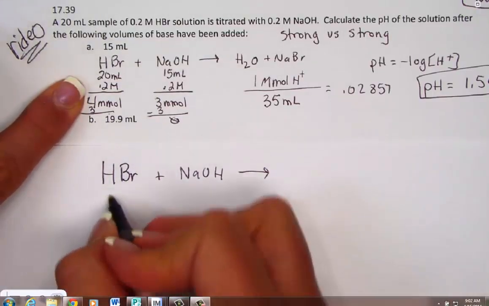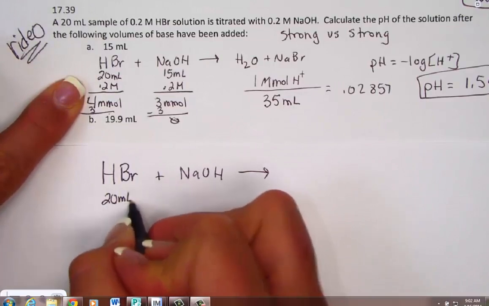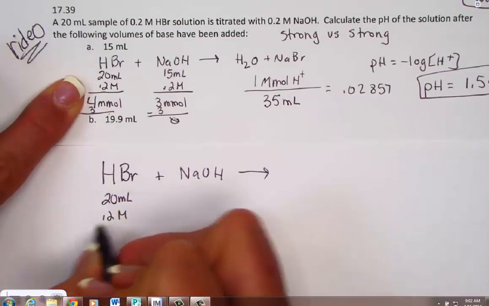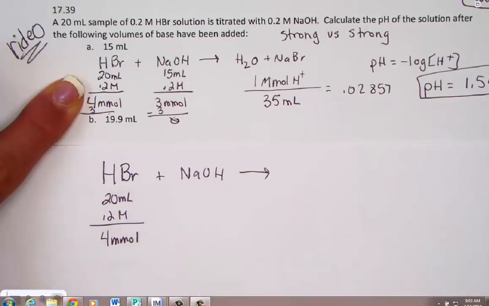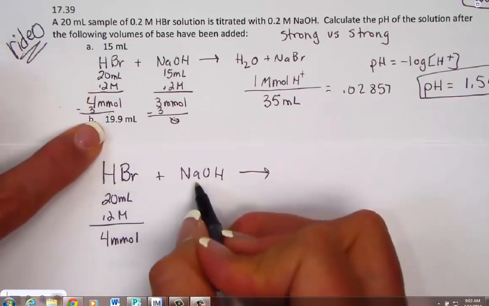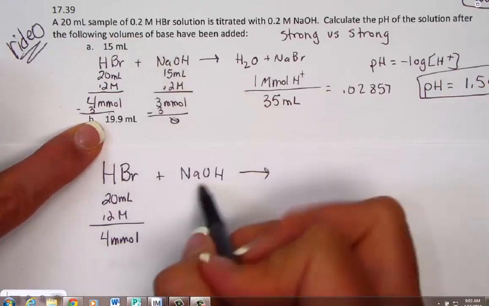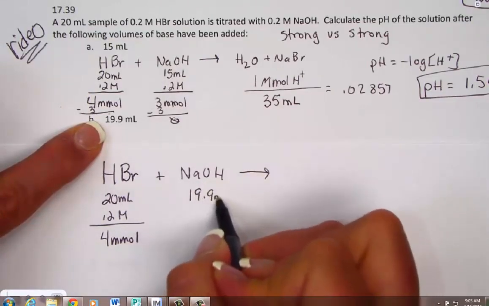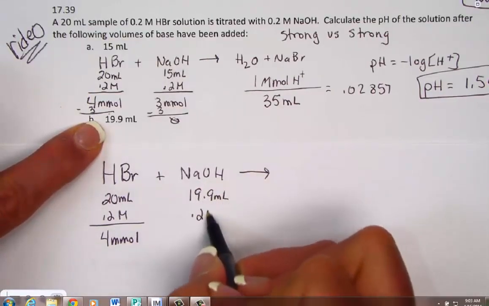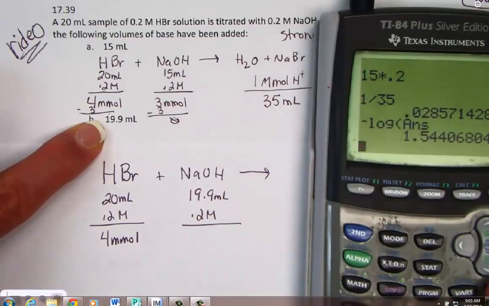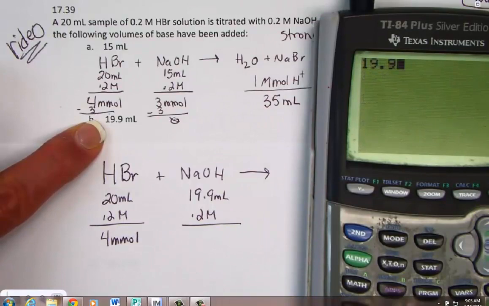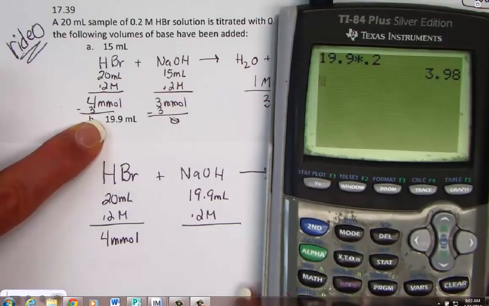Now I still have 20 mL of a 0.2 molar HBr, which still is 4 millimoles of our acid. But now I've gone from the 15 to 19.9 mL of the base, its concentration still 0.2 molar. How many millimoles of base have we added? Well, 19.9 times 0.2 gives me 3.98 millimoles.